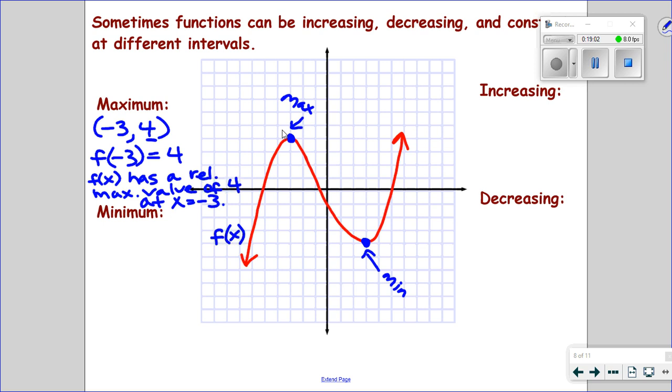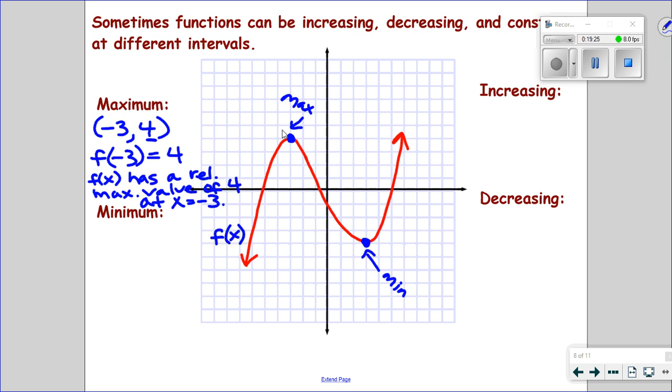Okay, so if we're finding a maximum or minimum value, we're always finding the y-coordinate. The x-coordinate just kind of tells us where that is happening on the graph, okay? And you can see where using words like that might fit better in a real-world scenario.